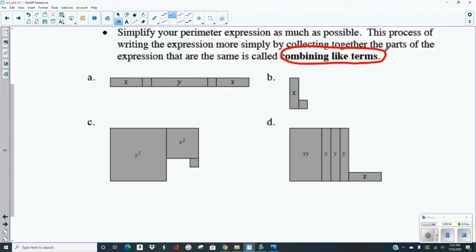Terms that are the same, variable and power. So let's go ahead and begin with A. If you have not yet sketched it, pause the video and sketch A in your notes.